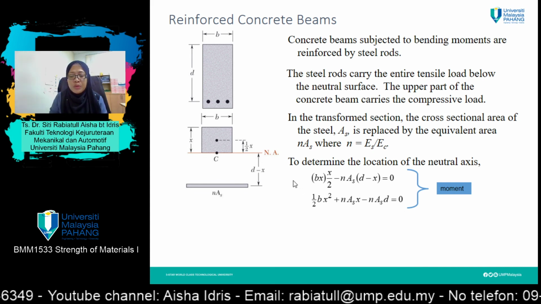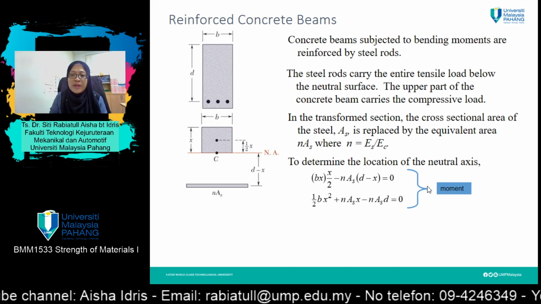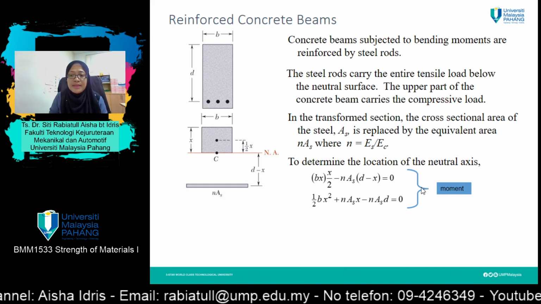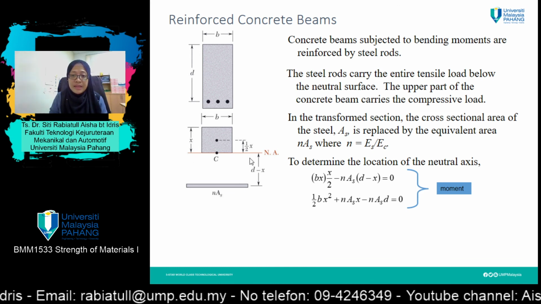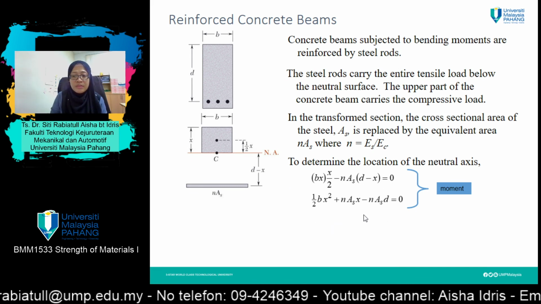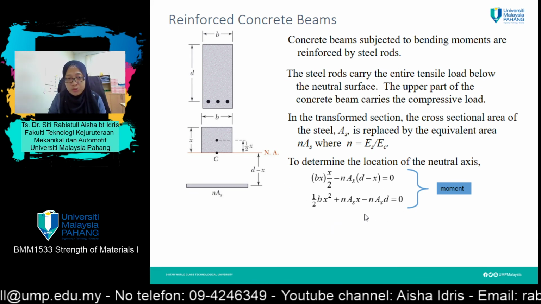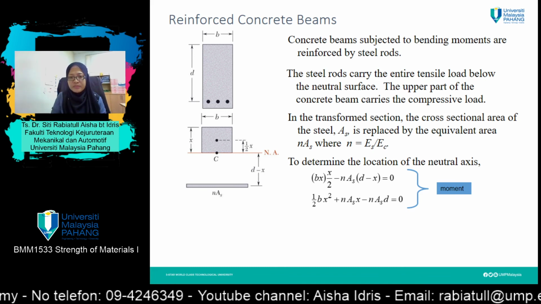So what we need to do is find the moment about the neutral axis line by assuming this is its neutral axis line. From this equation, we should be able to find its exact location.